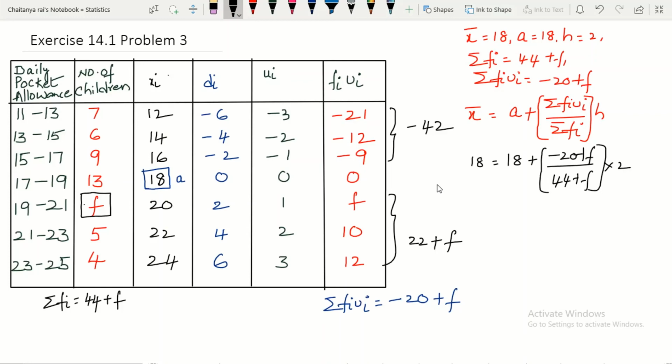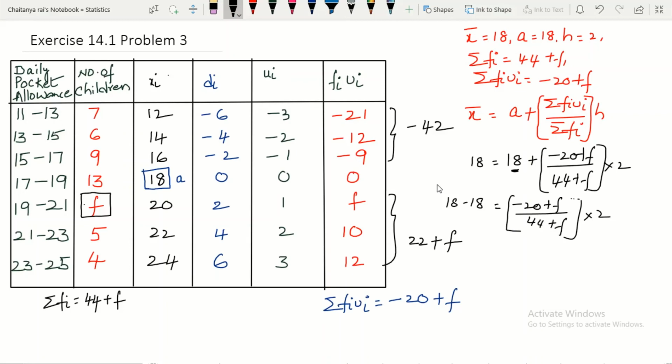First I am transposing this 18 to the other side, so it becomes 18 minus 18 equals minus 20 plus f divided by 44 plus f, times 2.